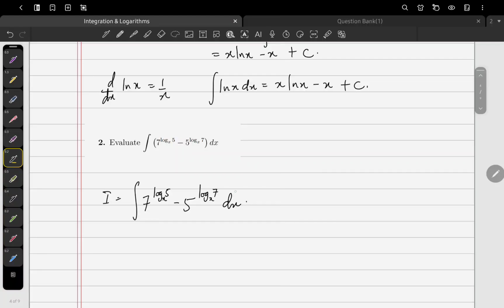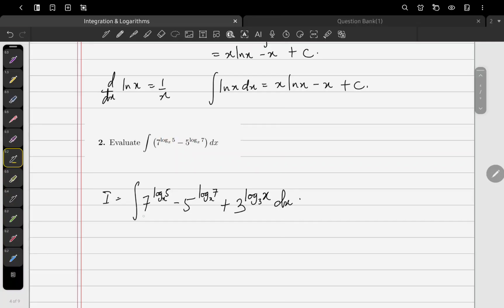If I wanted to make it even more interesting, I could say plus, let's say, 3 to the power of log x base 3, dx. Now it becomes even more interesting.